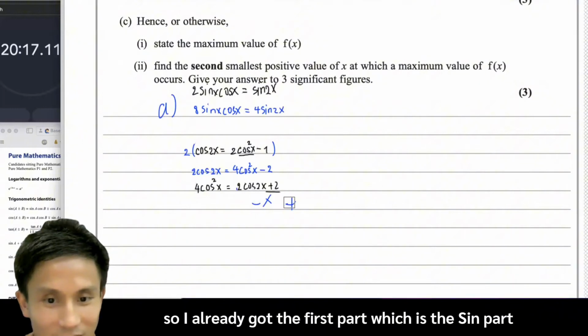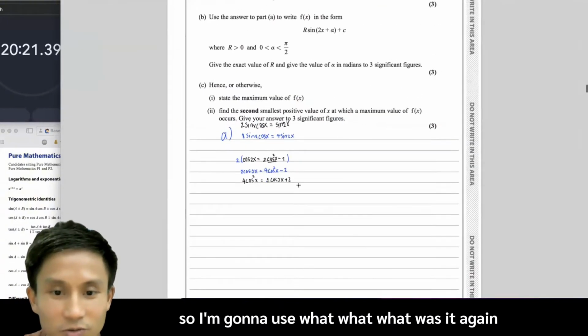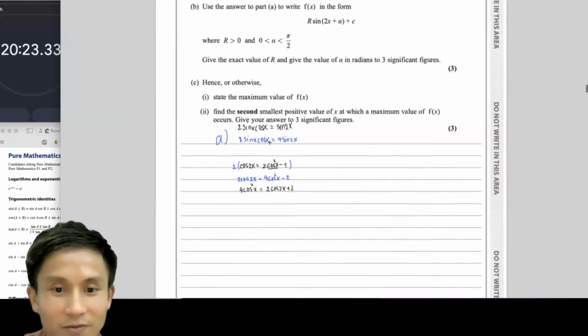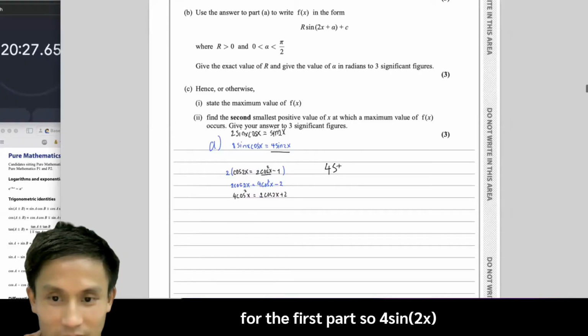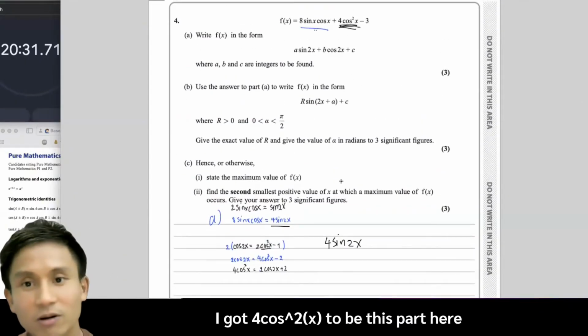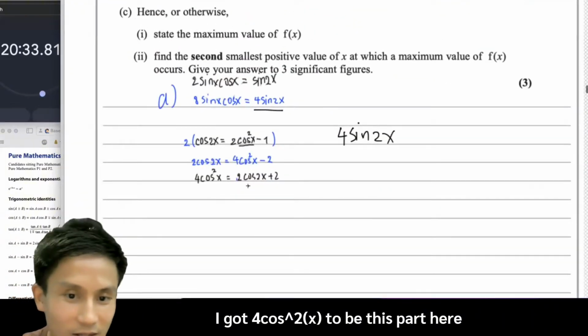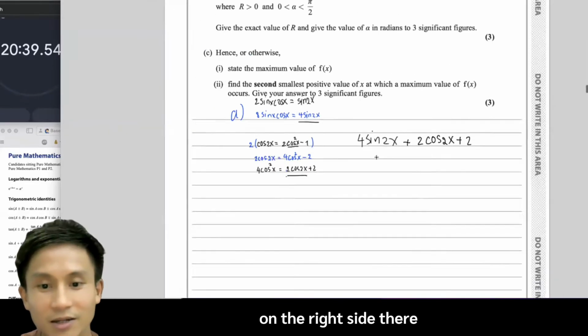So I already got the first part, which is the sine part. I'm going to use 4 sine 2x for the first part. And then this part, I got 4 cos squared x to be this part here. So I substitute it in on the right side there.